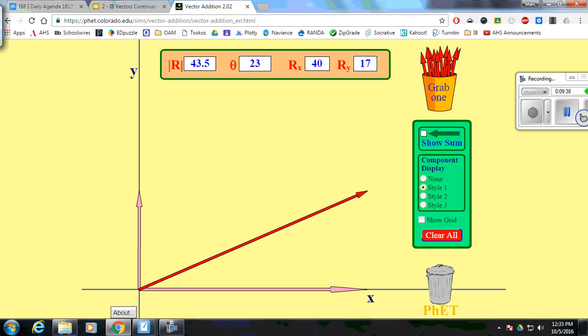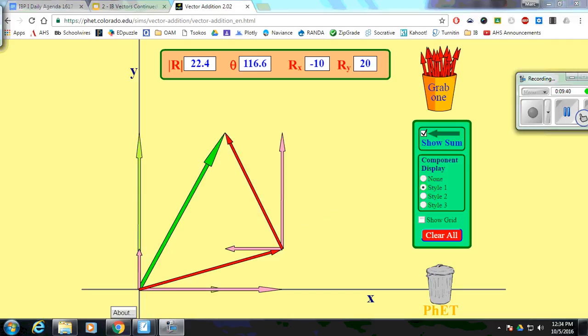So now the green line's my resultant. Notice this y component of my resultant is just that plus that, the two y components of my other vectors. And the x component of my resultant is just the sum of the x components of the other two vectors. And I can do this for as many vectors as I want.